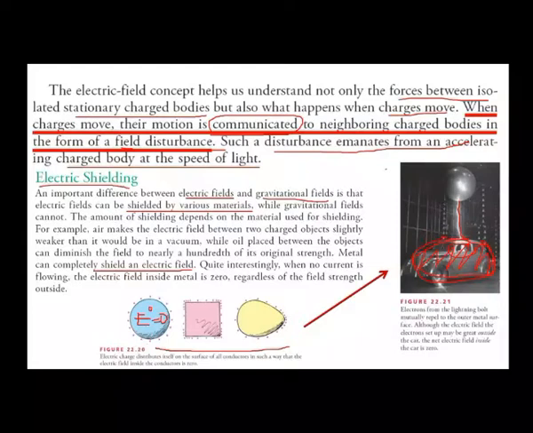So everything will always line up on the outside of the surface of the object. And notice also that there is a crowding at some pointed areas or curved areas in a metal surface. Notice it here. And notice here that if it is not really that sharp, then there's no crowding.